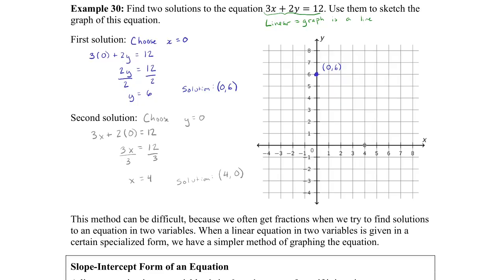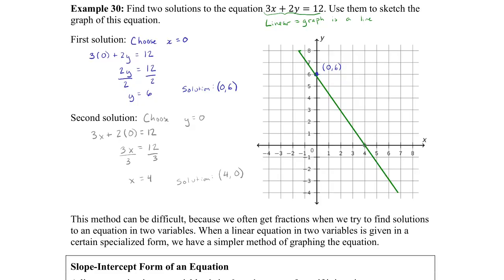Okay, so next, I want to take a ruler and set it so that its edge is on each of my 2 points. And then I can try to draw the line that goes through those 2 points. And I think the line is going to be something like this.